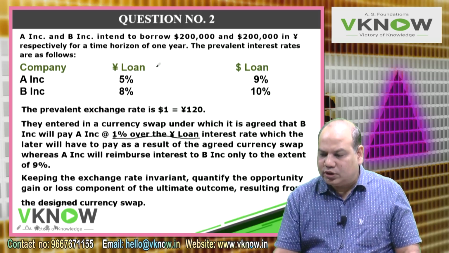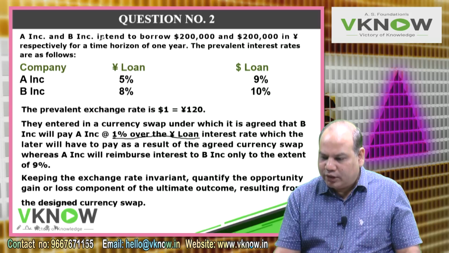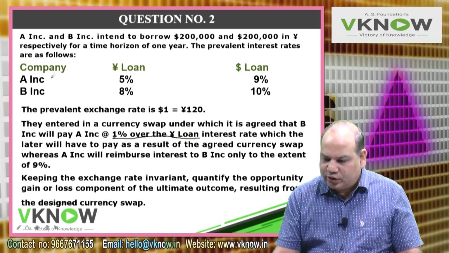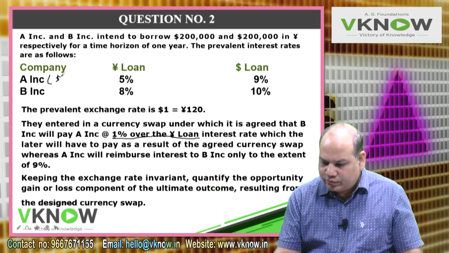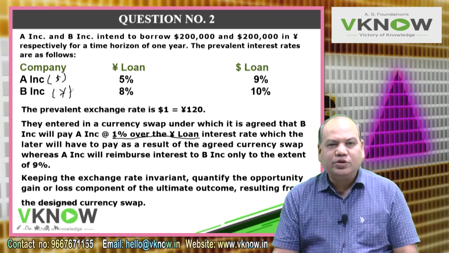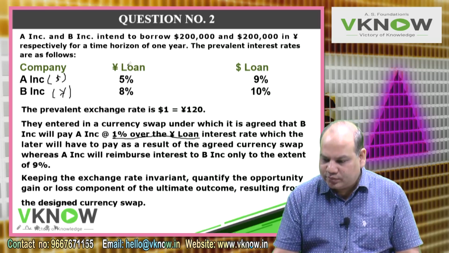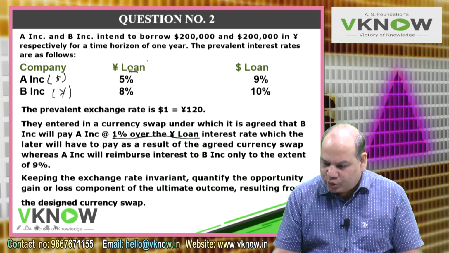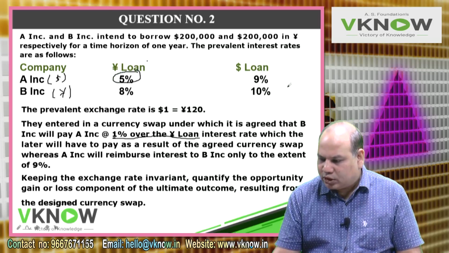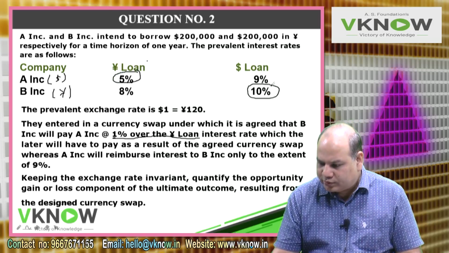So now what is the question? A wants to borrow in dollar. A's requirement is dollar loan and B's requirement is yen loan. But for a currency swap to come into existence, first A will borrow in yen and B will borrow in dollar.